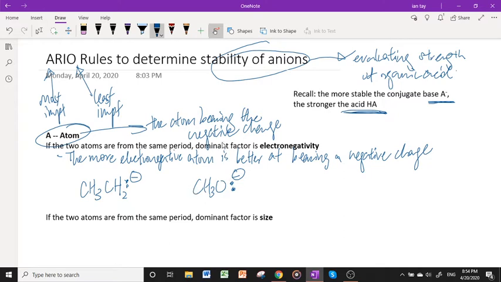The key difference is the atom bearing the negative charge.